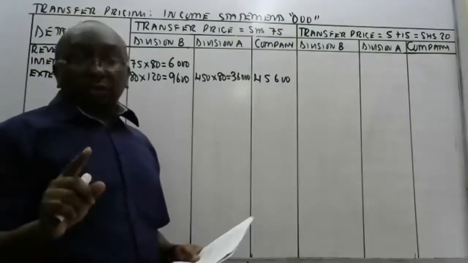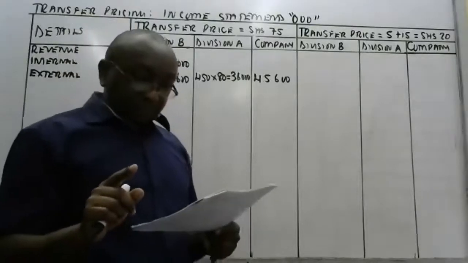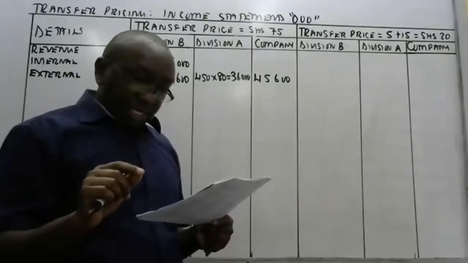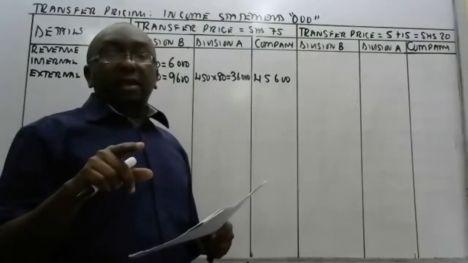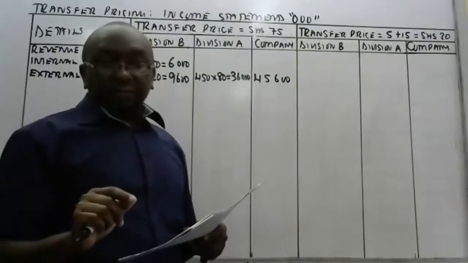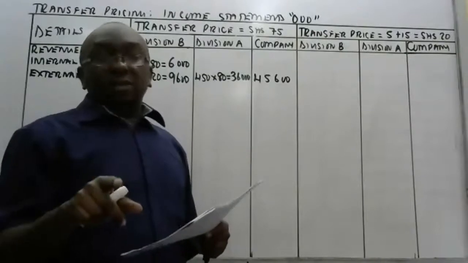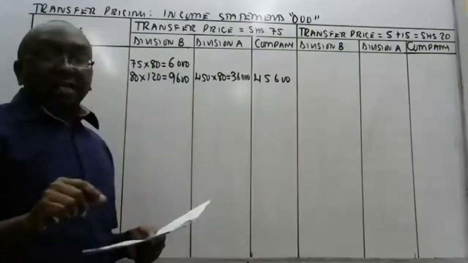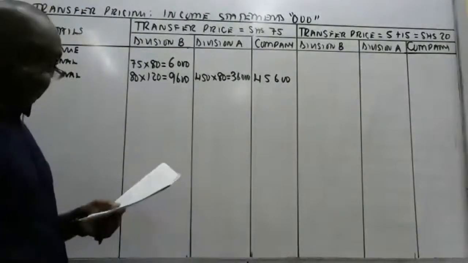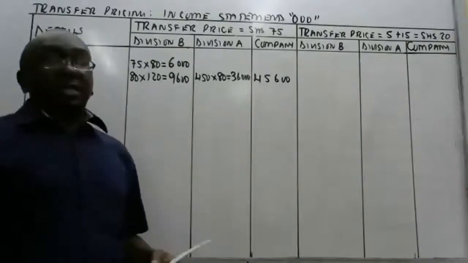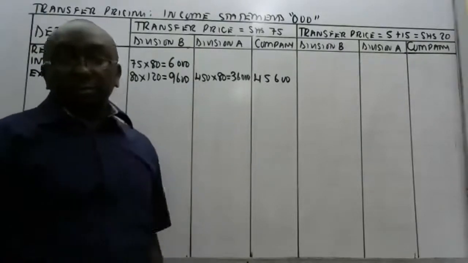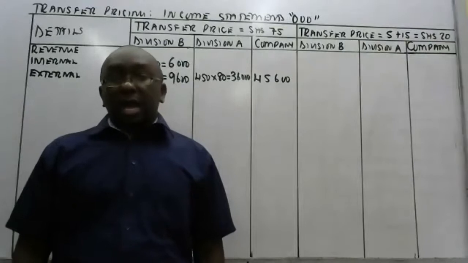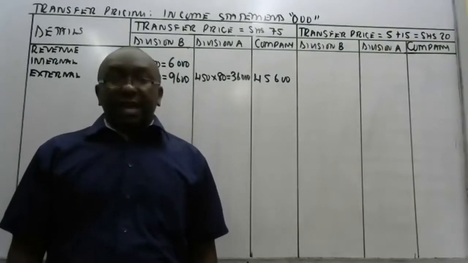For the transfer price of 20 to happen, we are told that this division B should be allowed to sell fully to the external market. So what remains is what it will sell to the internal. Now that their external market is 180, they will transfer how many?